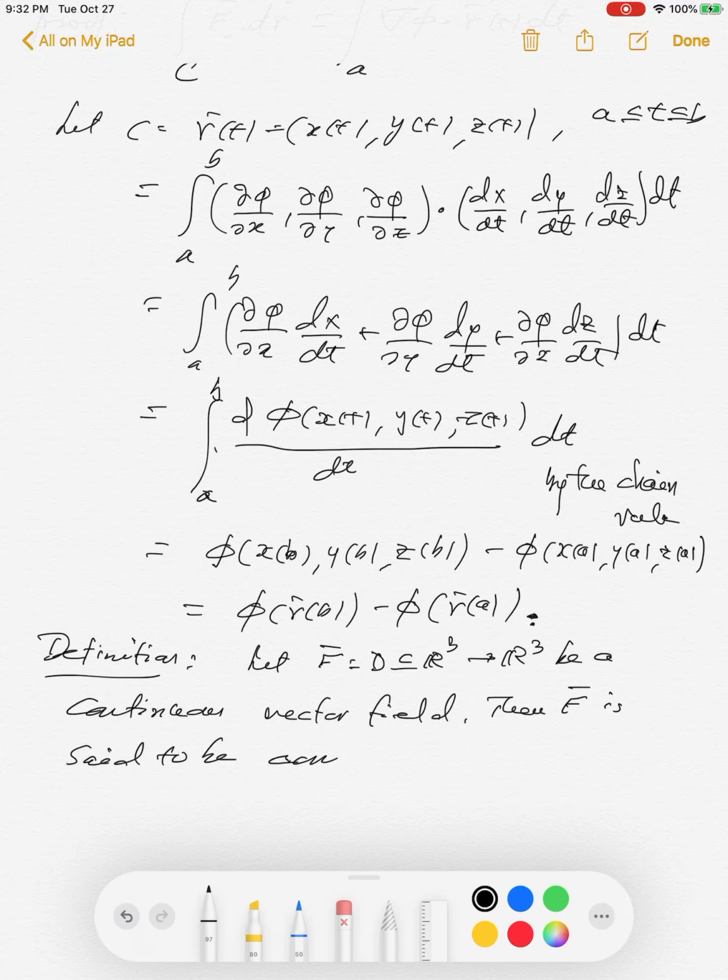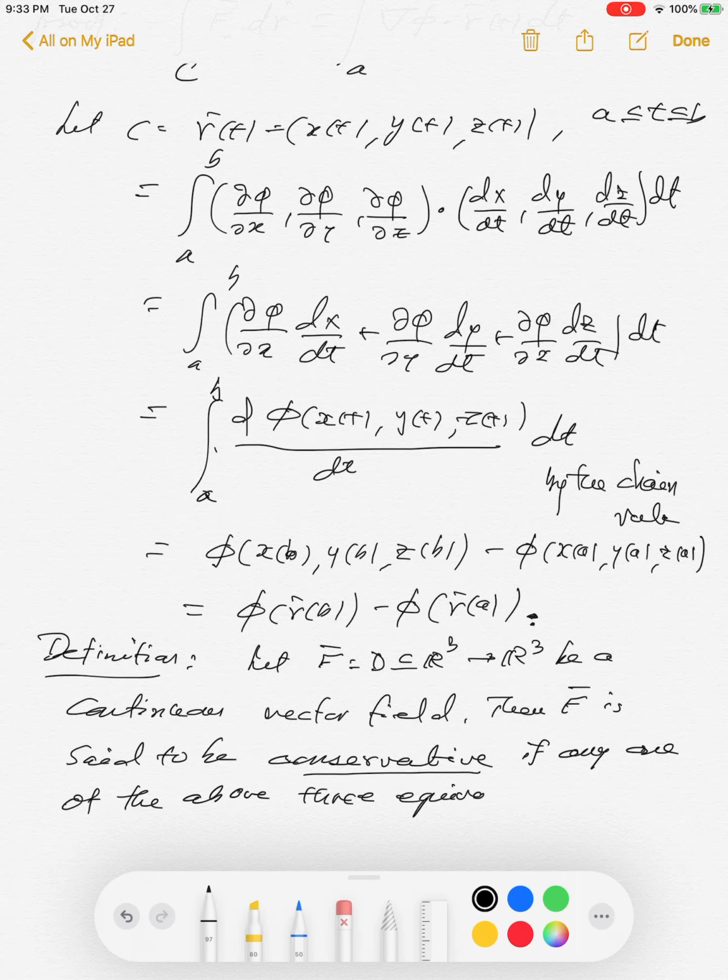Then F bar is said to be conservative, a terminology you might have heard in physics, if any one of the above three equivalent conditions holds.